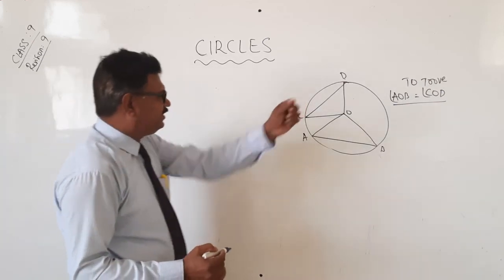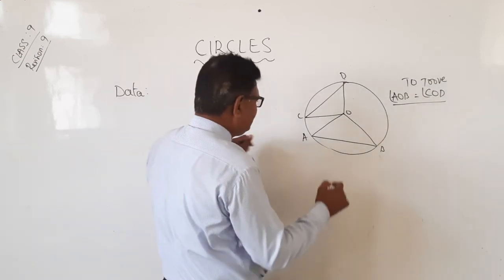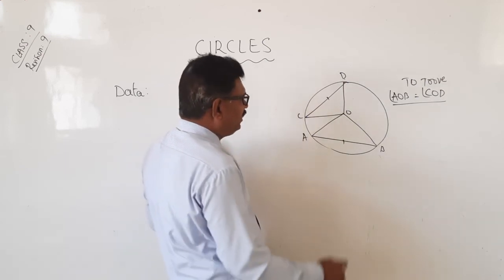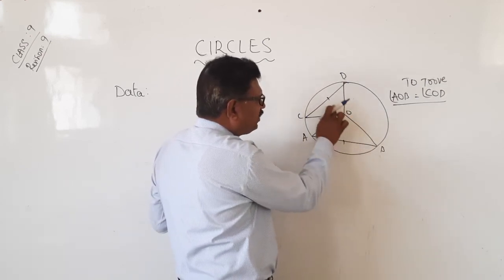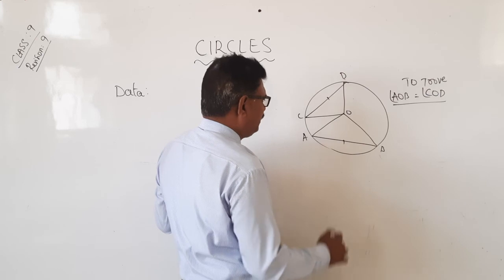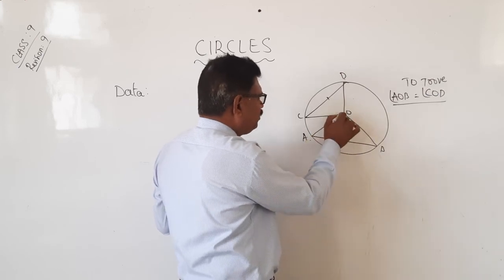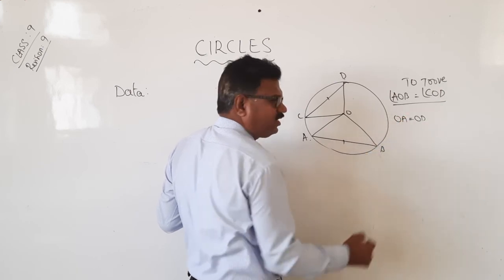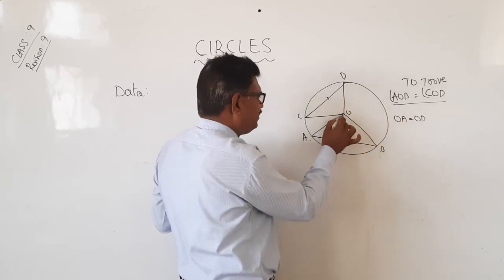So you can prove it like this. Data is AB equal to CD. Consider these two triangles. OA equal to OD. Why, tell me? OA equal to OD because they are radii of the circle.